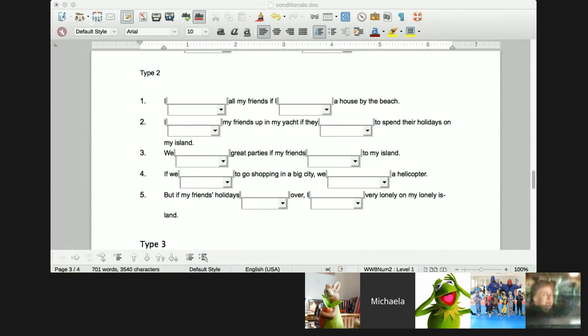Okay, so you said we would go to great parties if my friends lived? Lived? Uh-huh. Yeah. We would have to change the sentence a little bit to say lived on my island instead of to my island, but the conjugation and the verb choice is great. So we would just have to alter the sentence a little bit to fit your verbs better. That's a good sentence. Yeah, thank you. Okay, number 4, Ken.